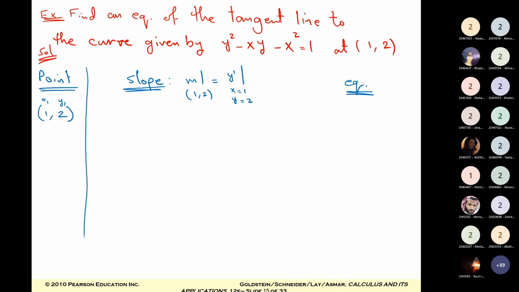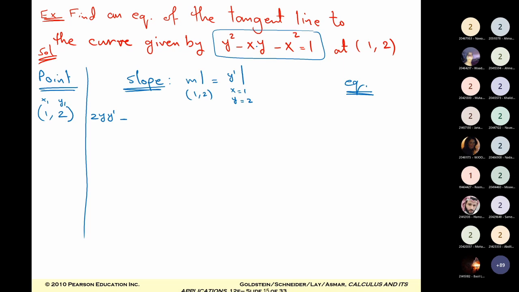Now, this is the relation. The derivative of y squared, this equals 2y y prime, minus the derivative of xy, this is a product. This is the same product.